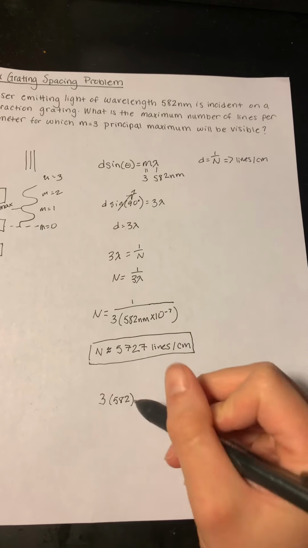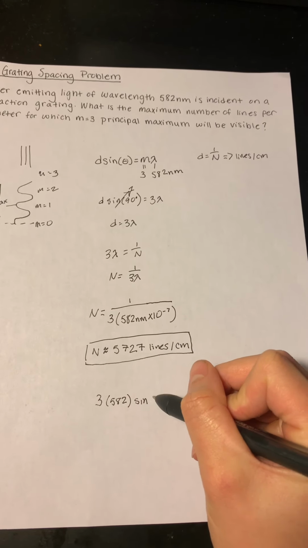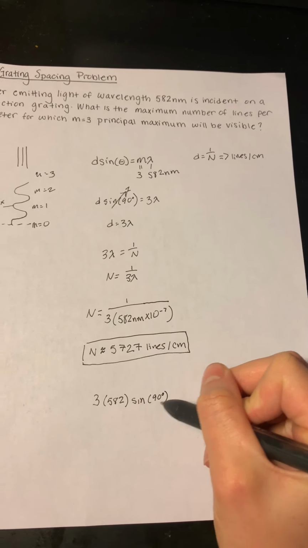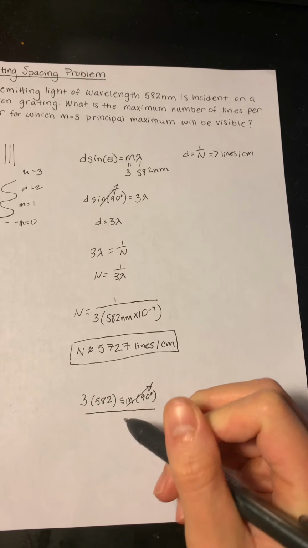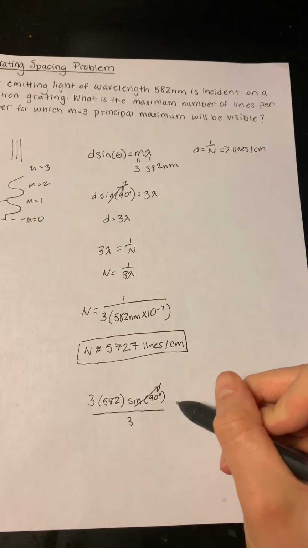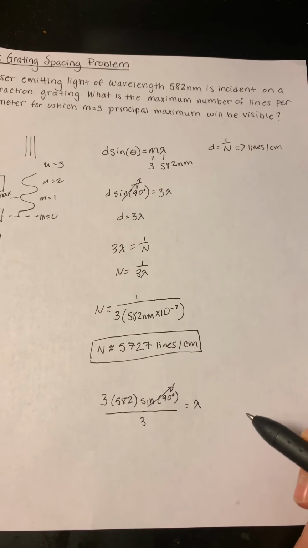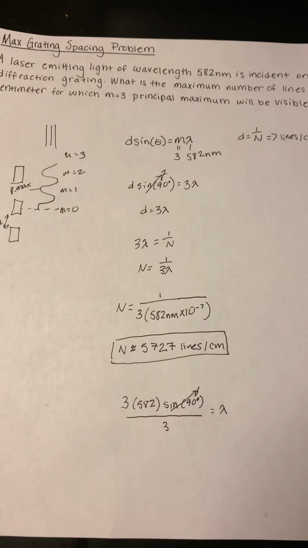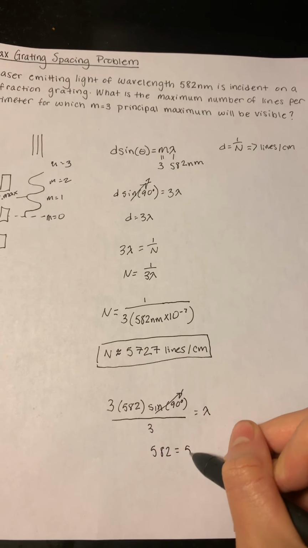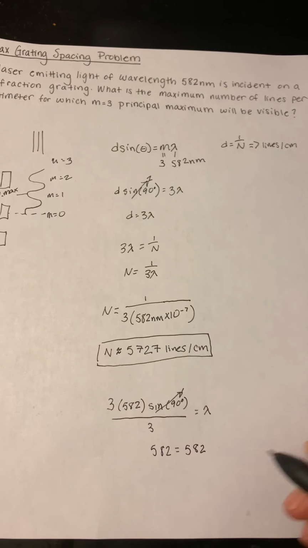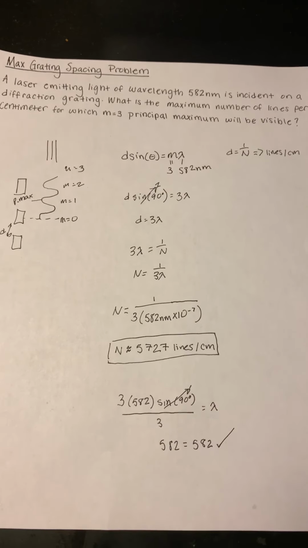Then we can do sine of 90, which goes to 1, divided by 3 equals wavelength. If you put this into a calculator and solve, you get 582 is equal to 582. So therefore we have checked our answer.